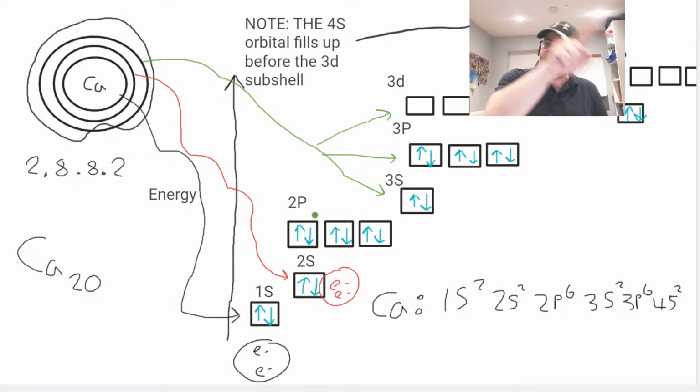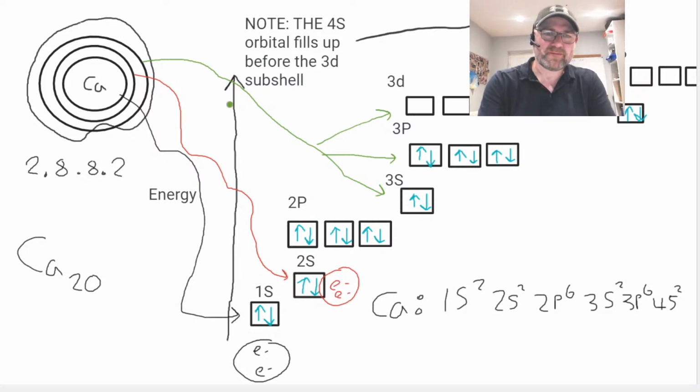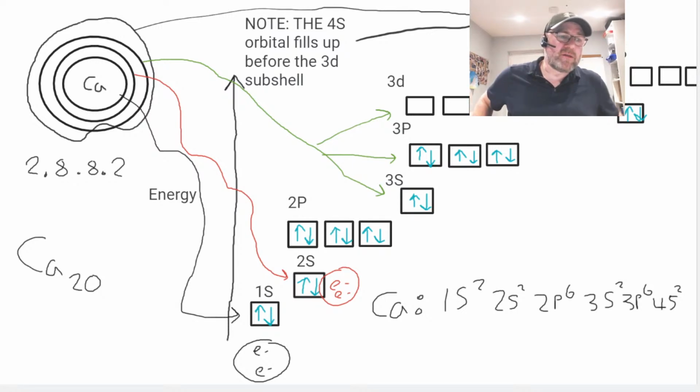The third ring has an s subshell, a p subshell, and a d subshell. Guess what? The fourth ring over here has a 4s, a 4p, a 4d, and a 4f.